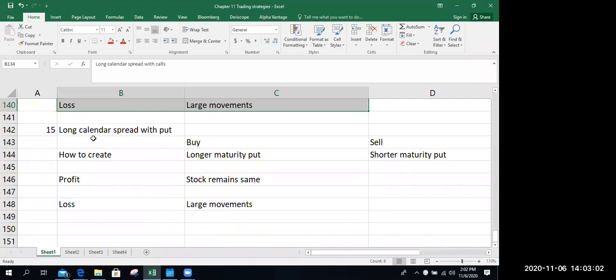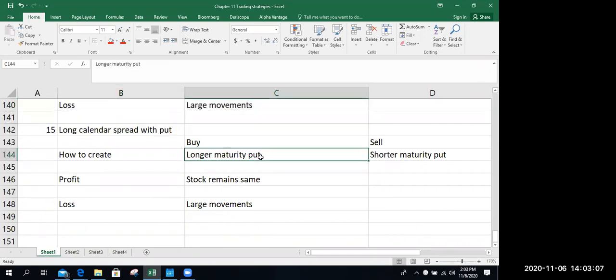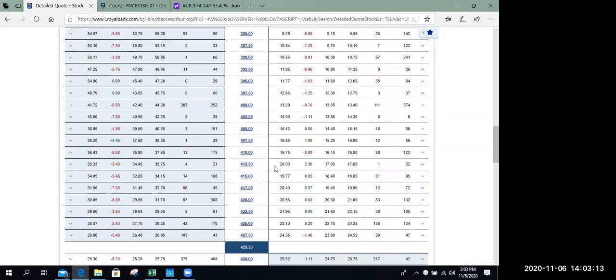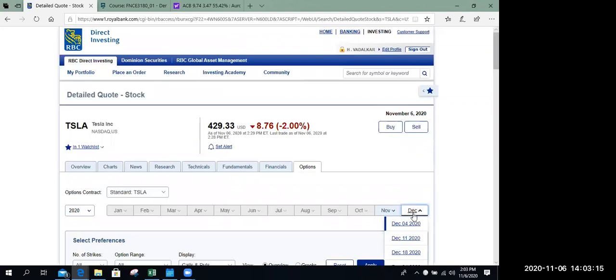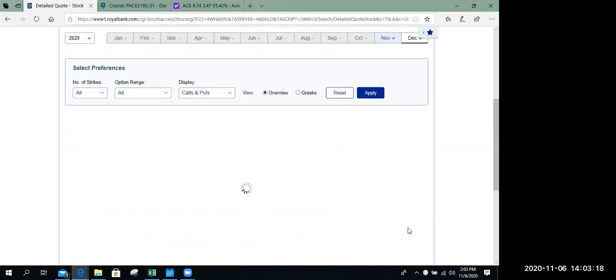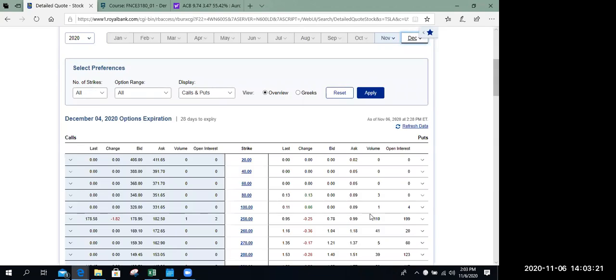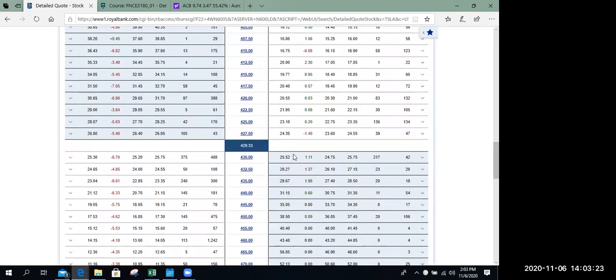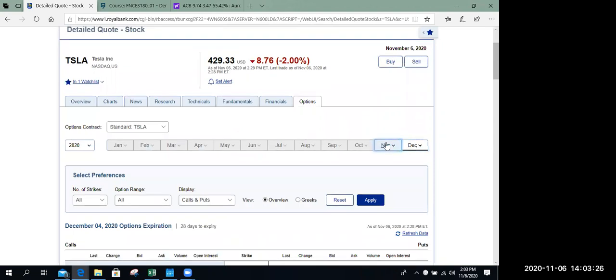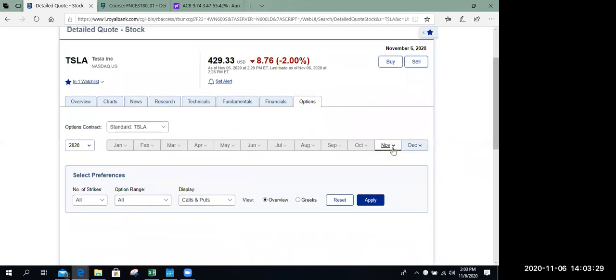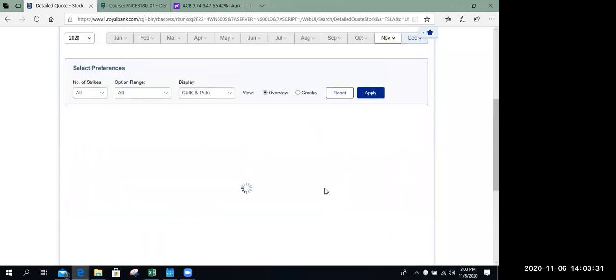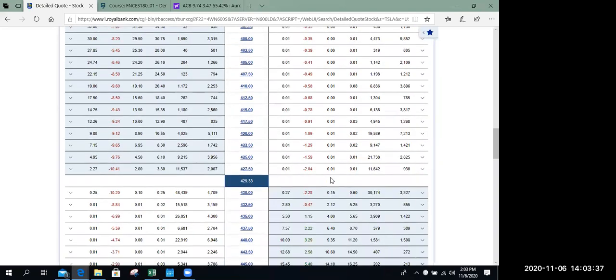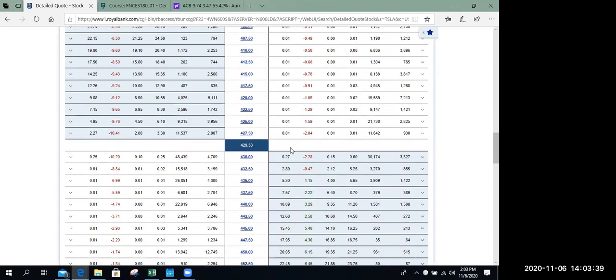And the last strategy is the long calendar spread with puts. Same thing, you buy longer maturity puts. So we'll first go to December, okay, and you will buy the 430 December put at 25 bucks, and then you will short the 430 November put.